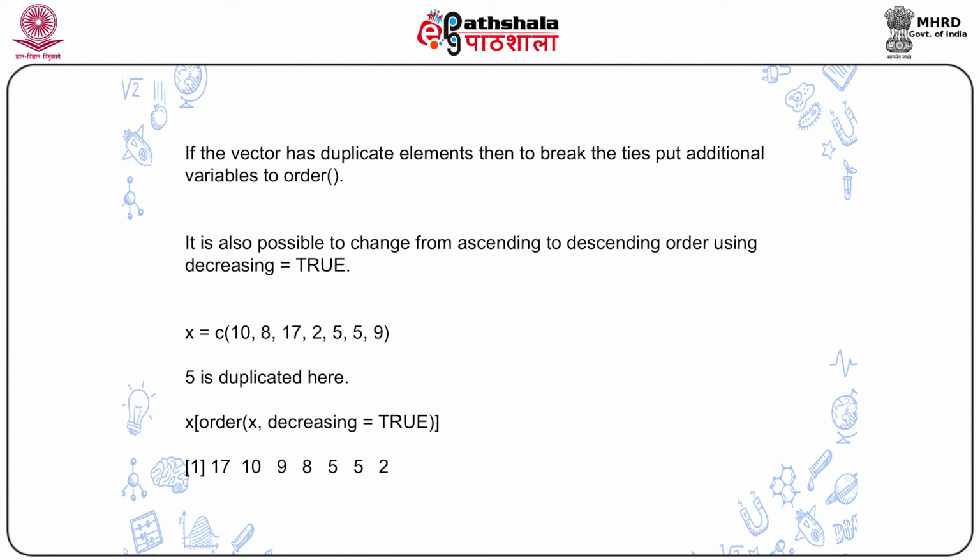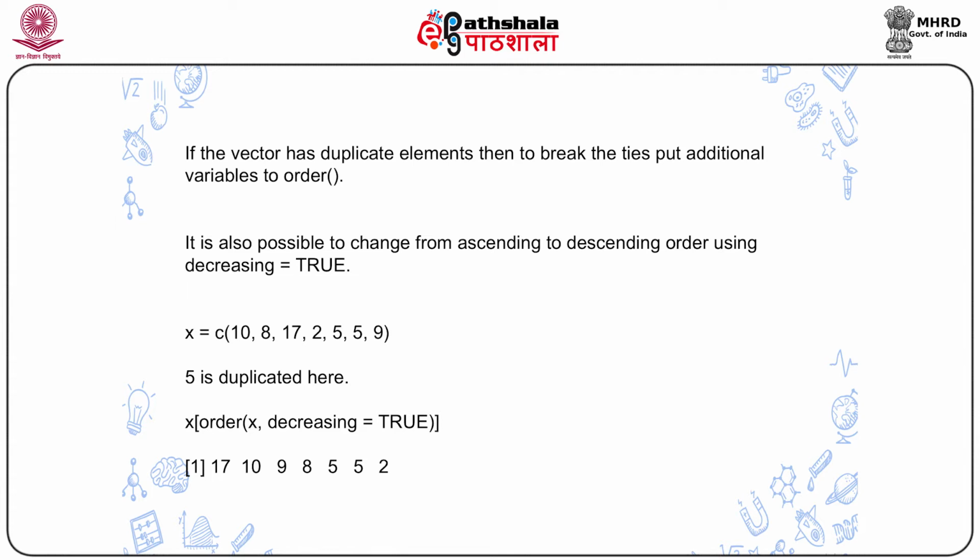Now, suppose x is a vector containing 7 elements. So, here is our x. So, 5 is duplicated here, and using this code, we are actually having a decreasing sequence. So, the code is x, then order x, comma, decreasing equal to TRUE, and we have the sequence which is in decreasing order.